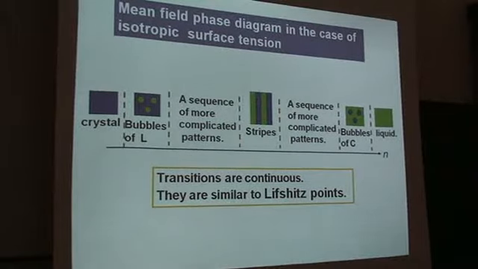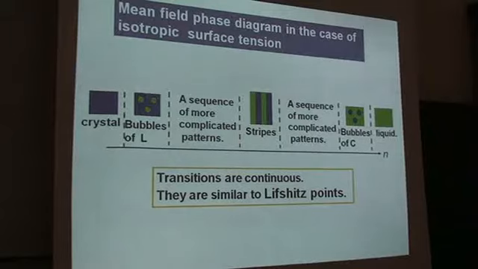When the fraction of minority phase is 50%, which is not really minority, there is no other possibility but to have stripes. It's a symmetry question. When the minority phase has a much smaller fraction, it is tricky. You can think about two possibilities.